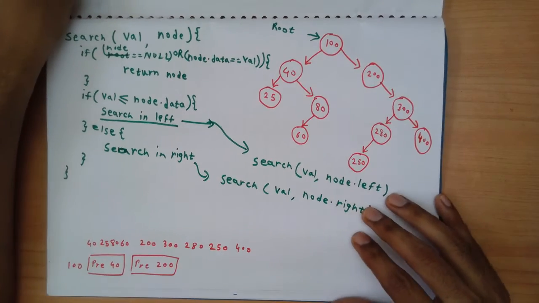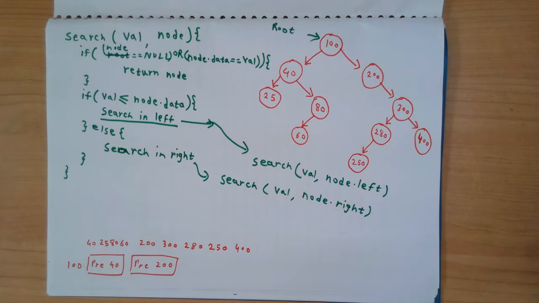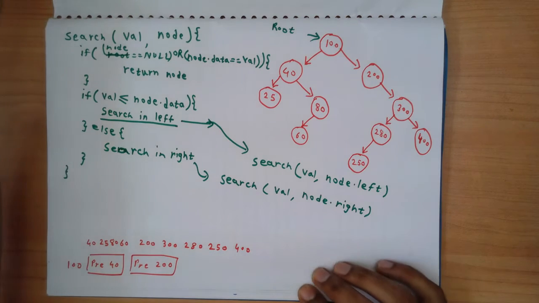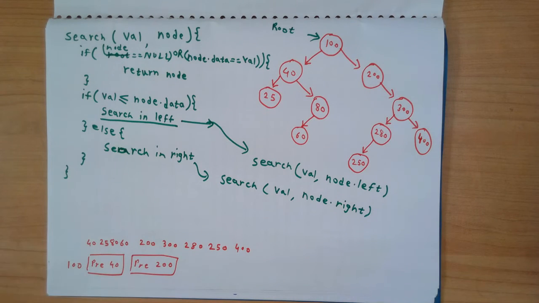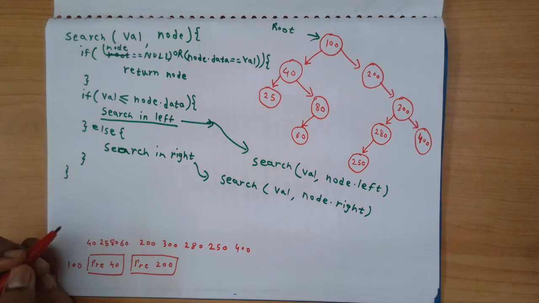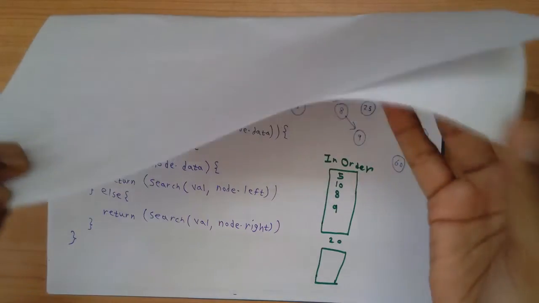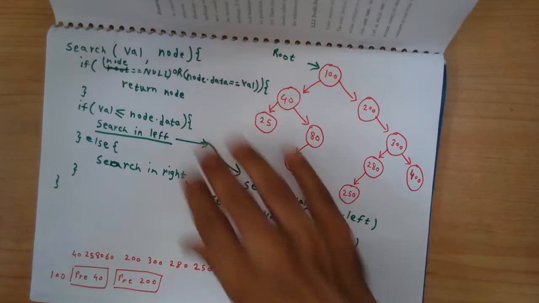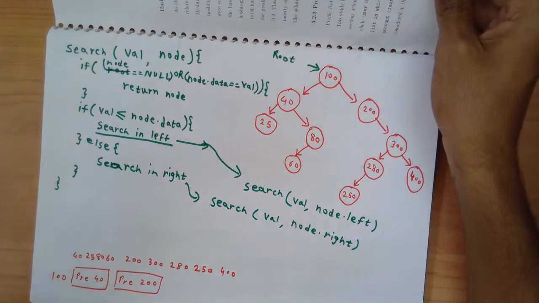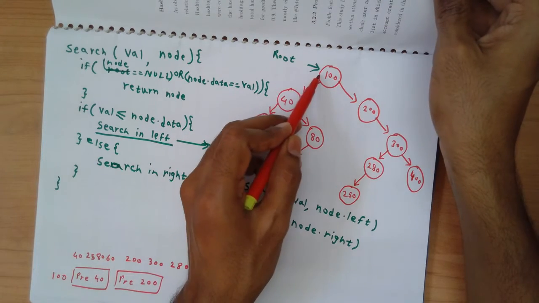So let's try to do the in-order traversal for this tree that we used in our previous example. If I do in-order traversal starting with node 100, how will it look?